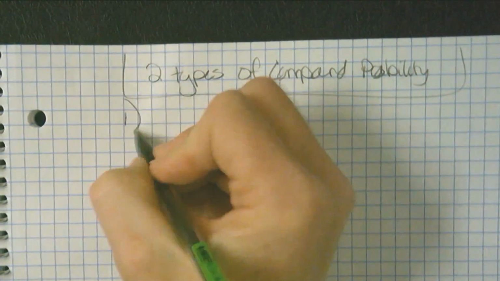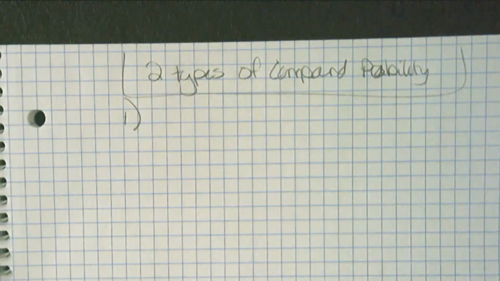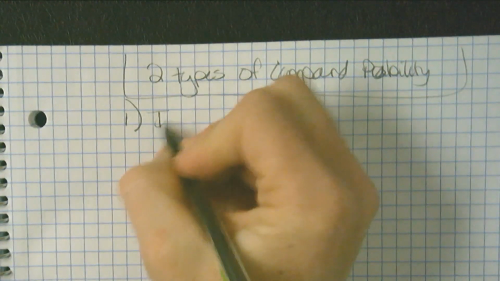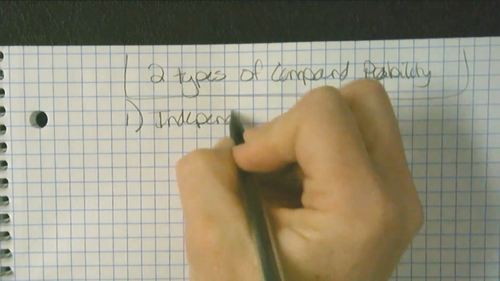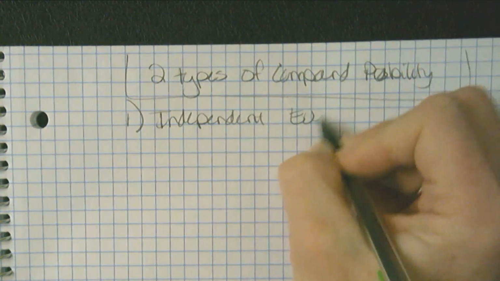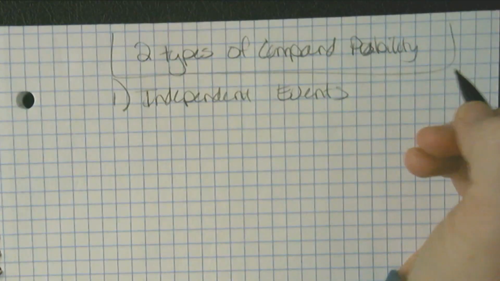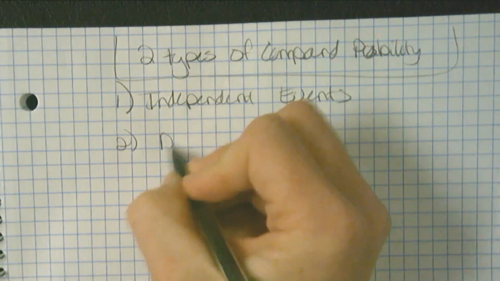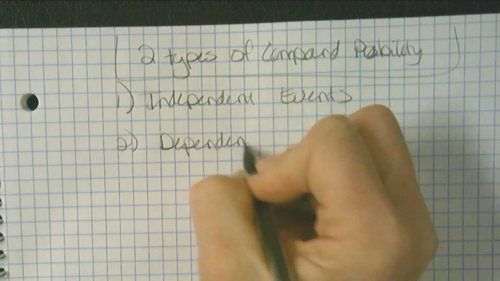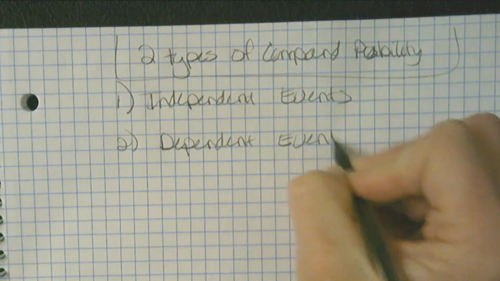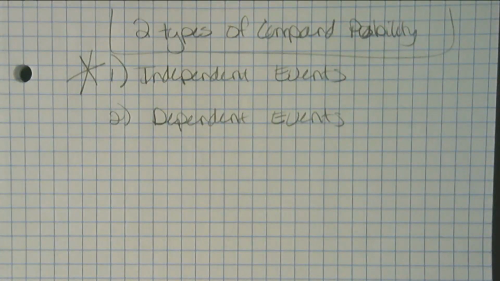The first one is when we have independent events. The second one is when we have dependent events. We're going to focus on independent events today.